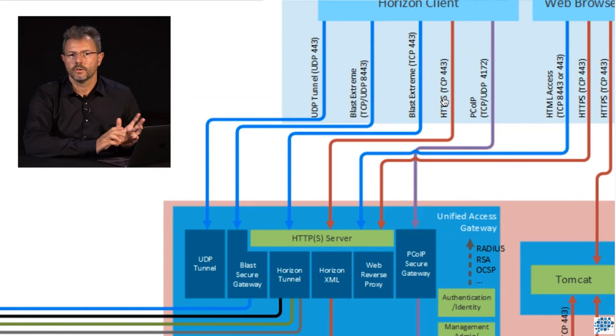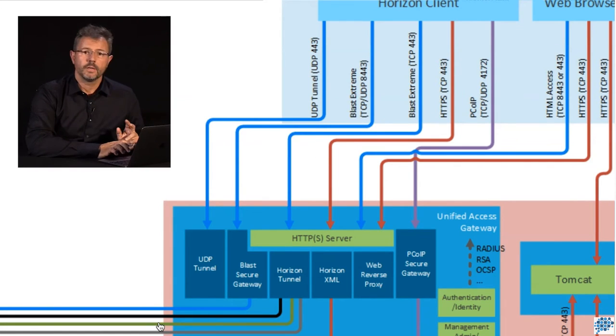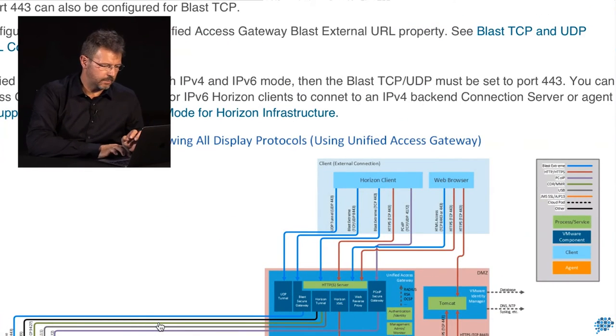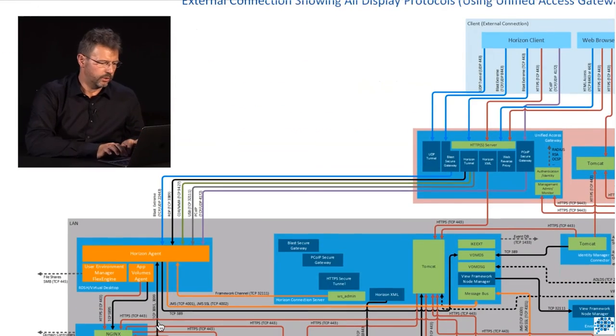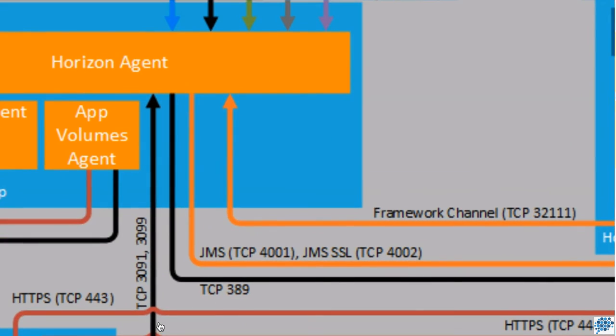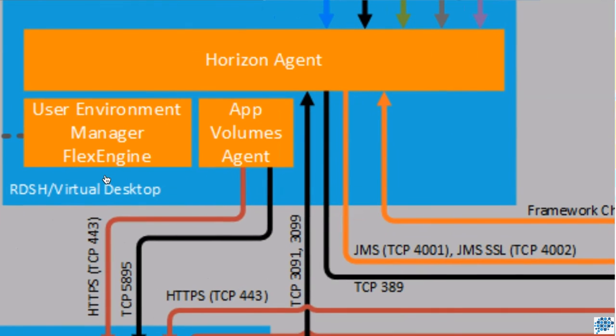It's better to use 443 because this port is almost always open from any network your client could sit in, right? Depending on which display protocol you're using, a different component within the UAG is used. And from the UAG, the connection is then built to the Horizon agent. From that point on, the display, keyboard, mouse, and screen session is running.